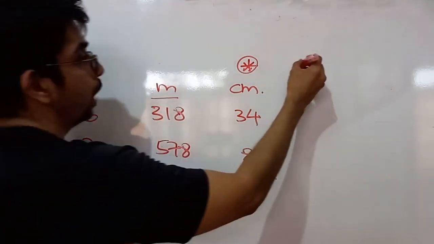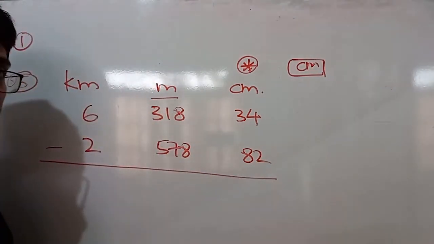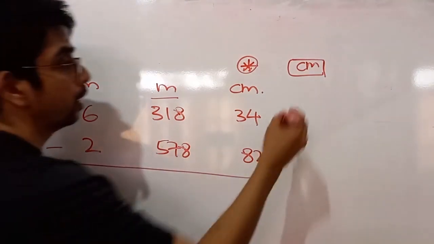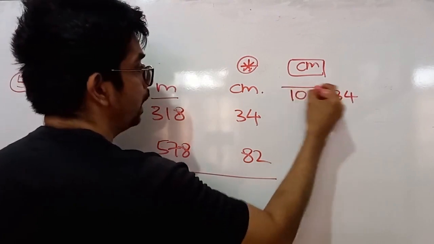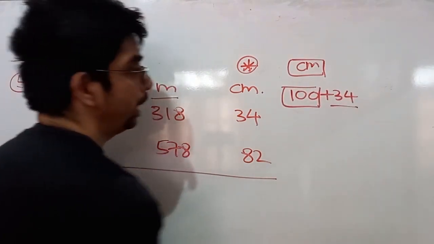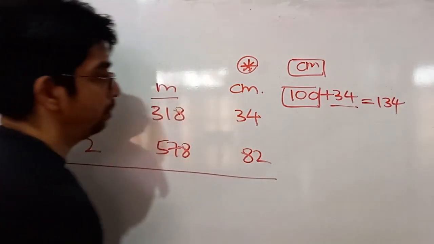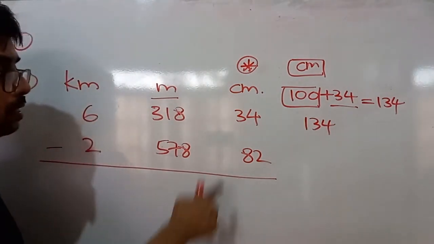So I will do the centimeter part here. What is the total amount of centimeters when we borrow a 1? 100 plus 34, the borrowed one plus what was there before. So this will be 134 centimeters. So from 134 we can subtract 82.